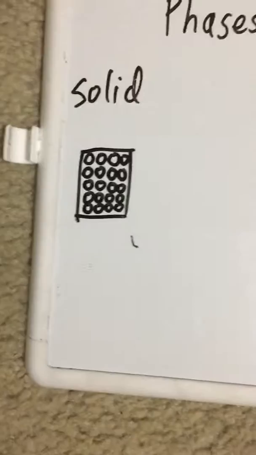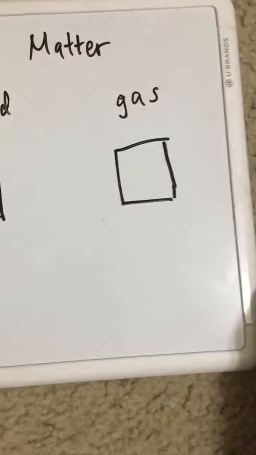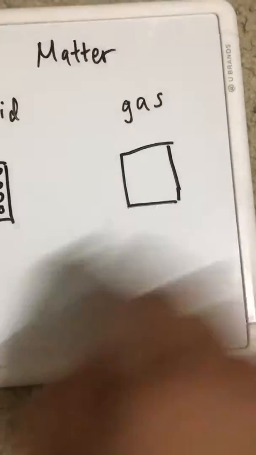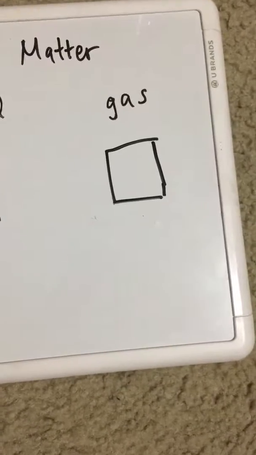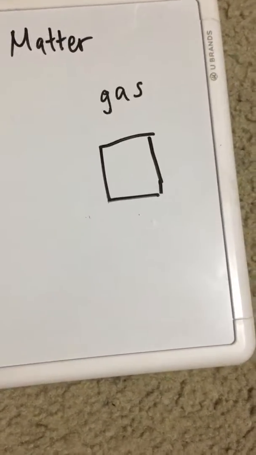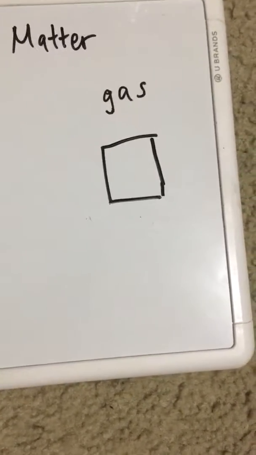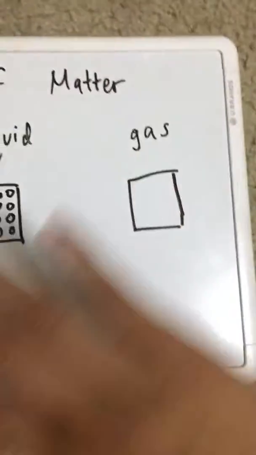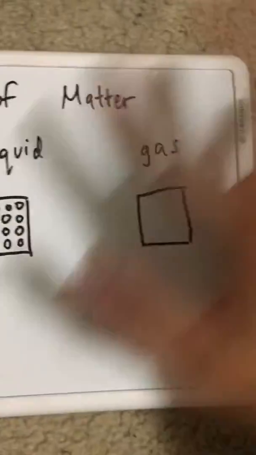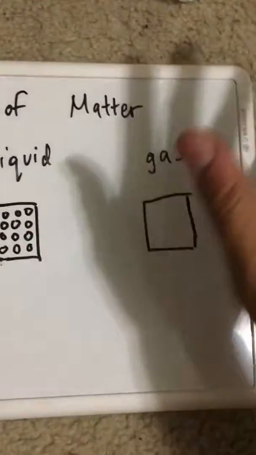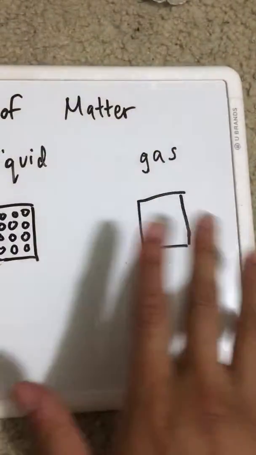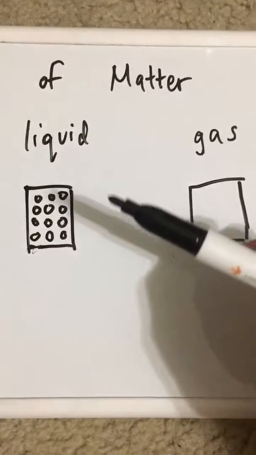Alright, so we have solid and liquid. Now gas. If you put your hand through gas, and as I said before, gas is everywhere. It's basically the environment. We're breathing it in all the time. So, as you can see, I'm putting my hand through the gas. It's much easier to put my hand through gas compared to liquids.